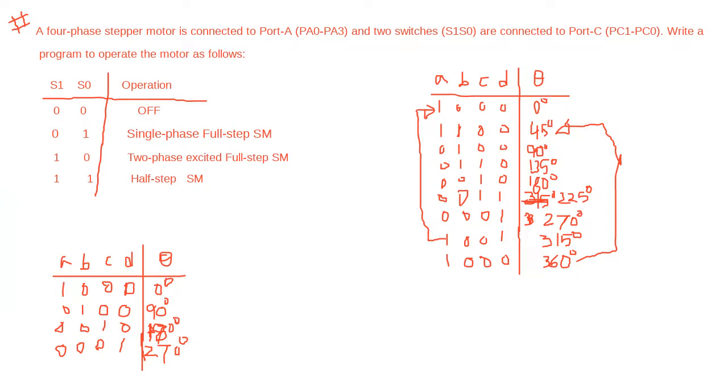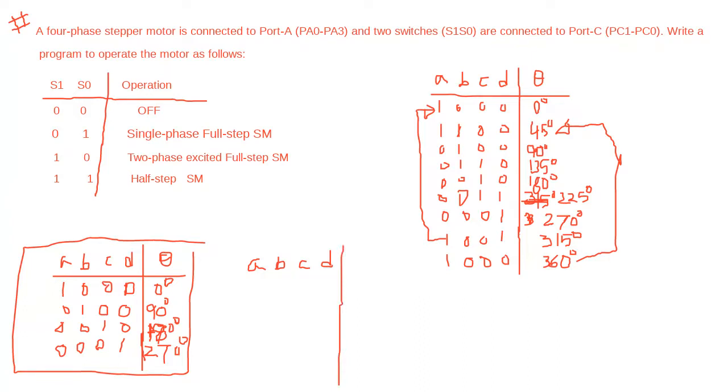What about the two phase excited system? The previous one is for single phase, each time only one phase on. If it is a two phase excited system, then A and B on only: we have already seen with the figure that it is in between A and B, 45 degree.